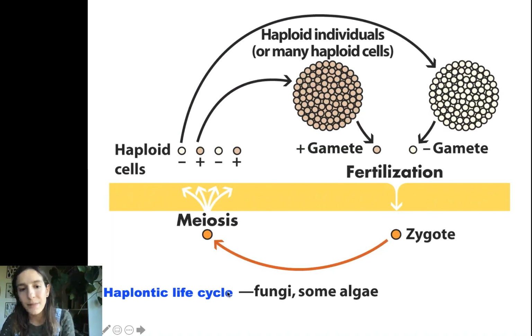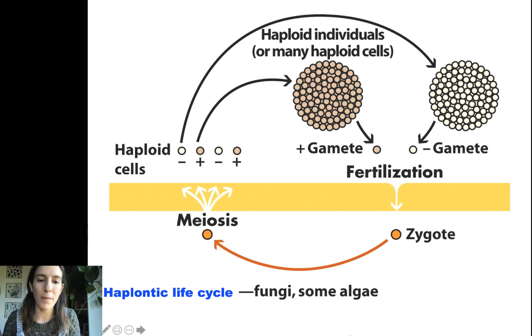In haplontic life cycle, it's the haploid cells that go through mitosis, and they form these multicellular haploid individuals. And same thing, though. Like I said, all sexually reproducing organisms will form a zygote after fertilization. That's true here, too. It's just that zygote doesn't go through mitosis. It immediately goes through meiosis.